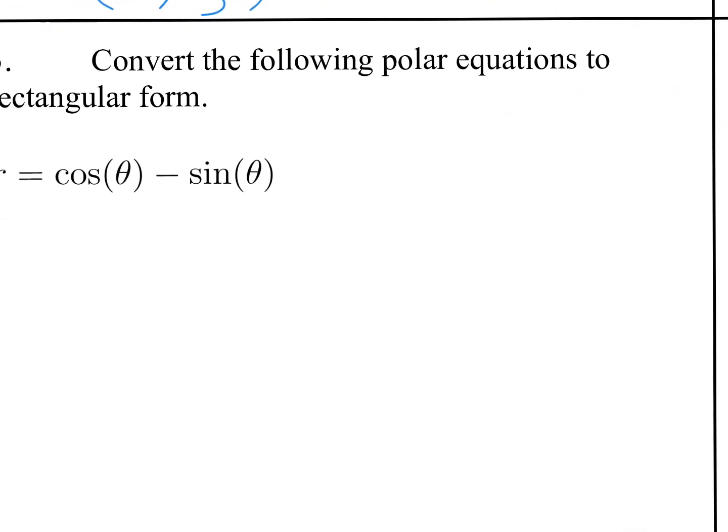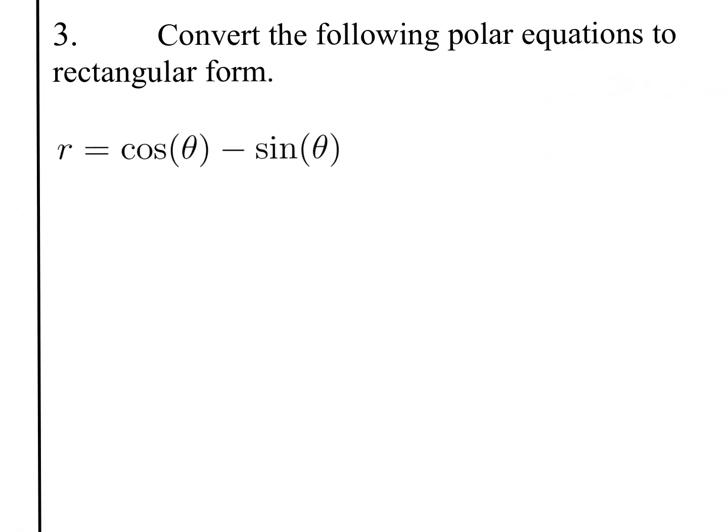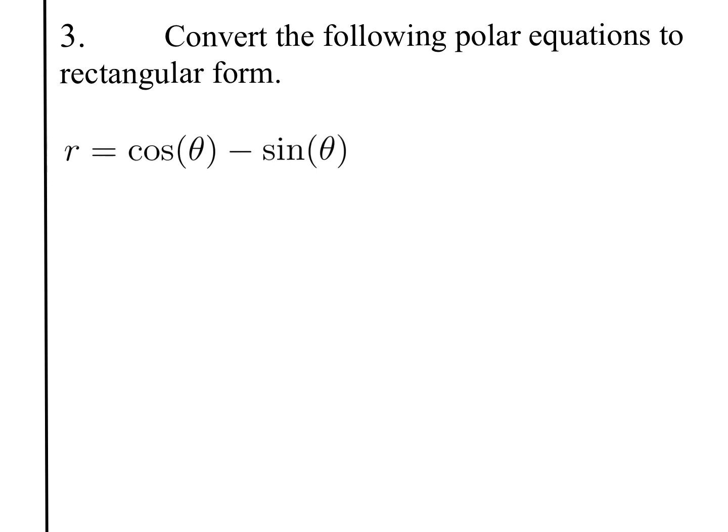Over here, convert polar to rectangular. So we know that cosine theta is x over r, so let's try that. X over r. And sine theta is y over r. Having a little technical difficulty.